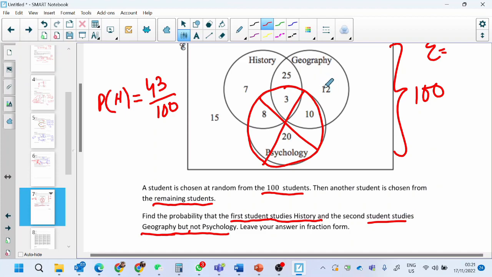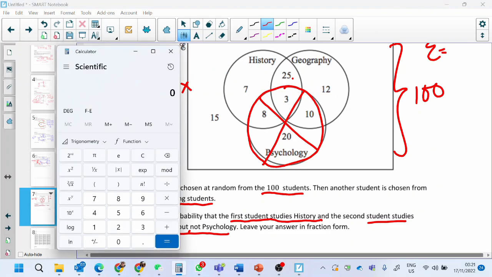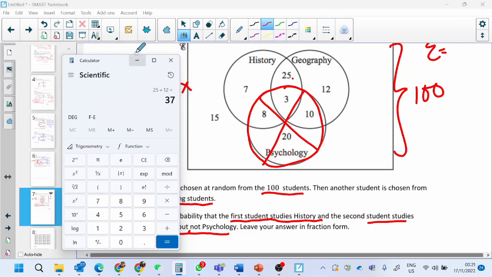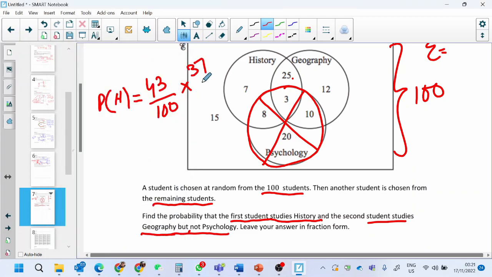So the second student is 25 plus 12. The first student he is taken, he is not included. So 25 plus 12 is 37. So 37 out of 99, right?